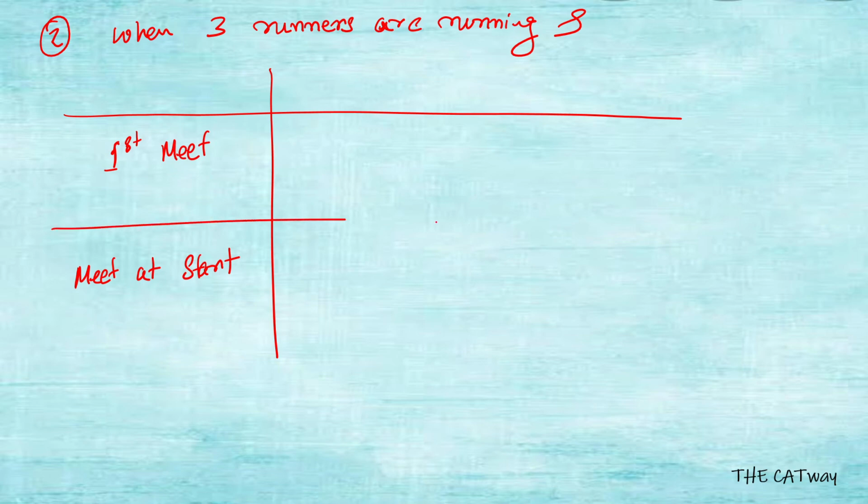For the first meet, let's say there are three people who are running, A, B, and C, where A is greater than B and B is greater than C.